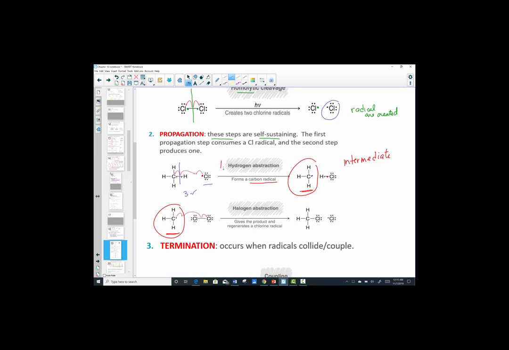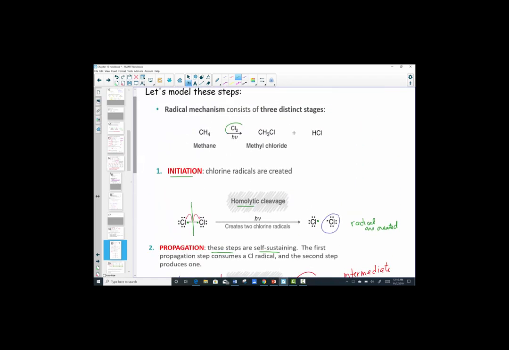So the first step, a hydrogen abstraction. The second step, we see a halogen abstraction. Now we're back to molecular chlorine. Molecular chlorine has a shared pair of electrons. Remember, up on the arrow, we had molecular chlorine. The initiation step created radicals.